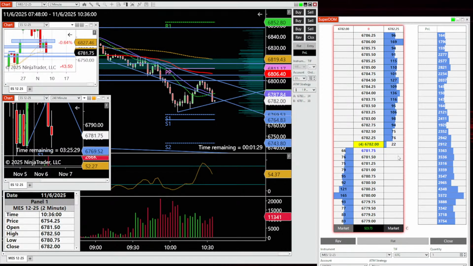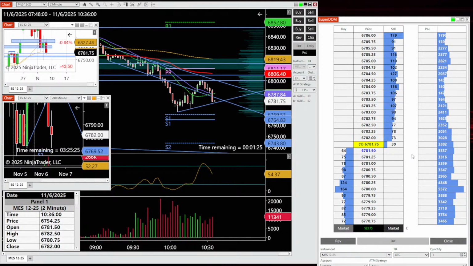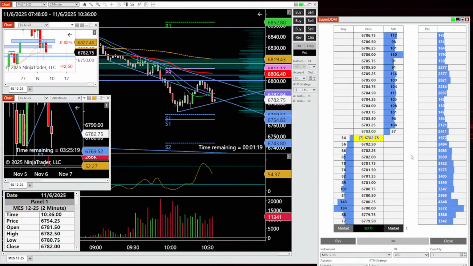As low as 80.75. Which way the market wants to go. It's under 88.